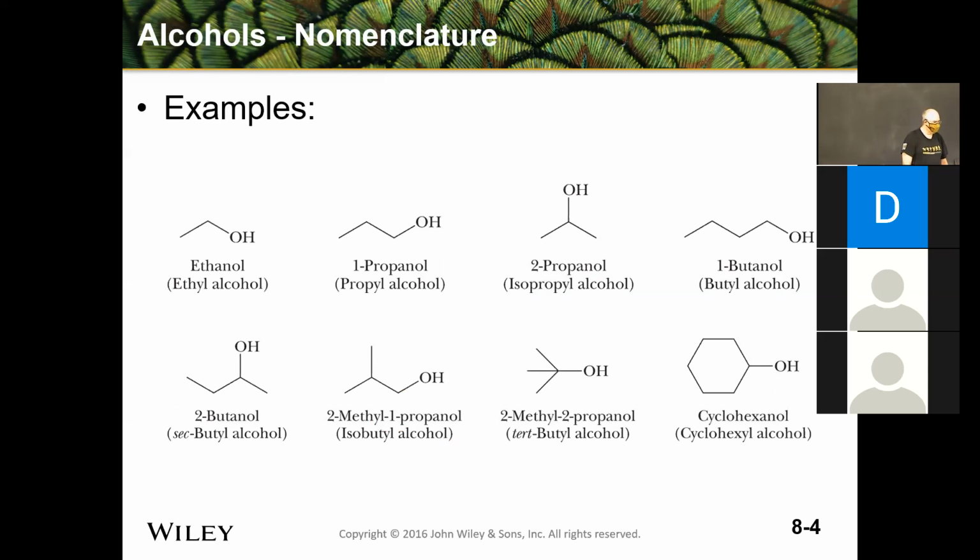All right, so these are some examples of both IUPAC and common names. There's a lot of use of common names commercially in the United States still. Many chemical suppliers are listing both the IUPAC and the common.